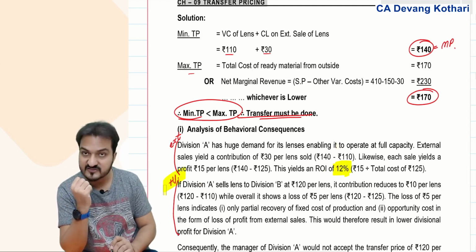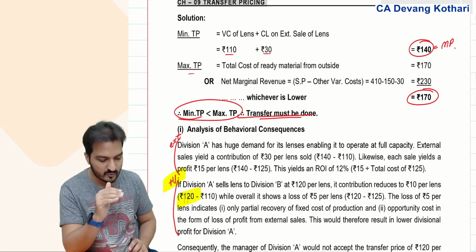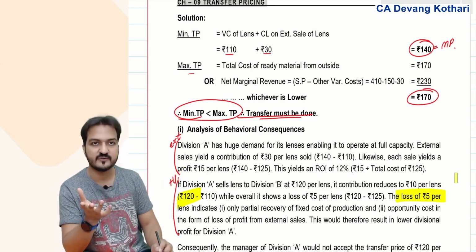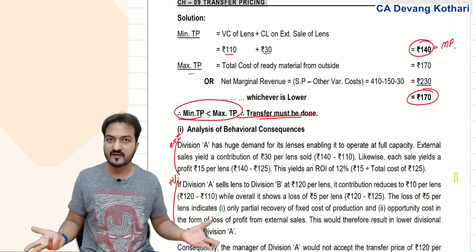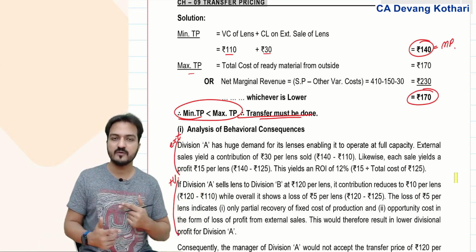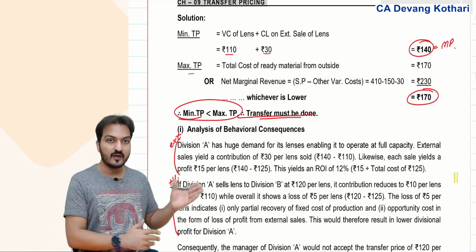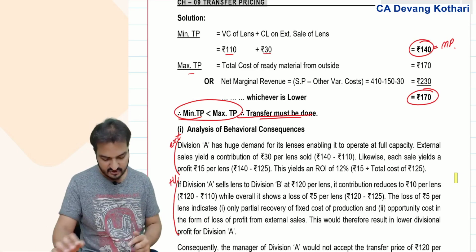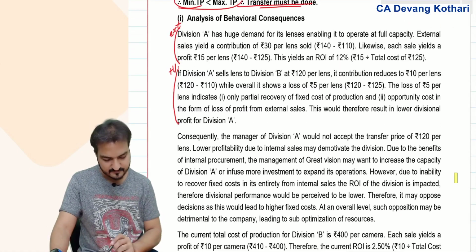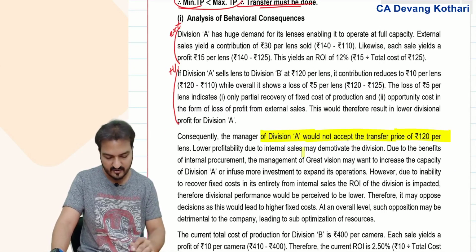But if he does the transfer at rupees 120, he is incurring a loss of 5 rupees, so return on investment is negative. Naturally, division A will not prefer to do the transfer because his performance will be severely affected. Because performance is measured based on ROI, at the price of 120 his ROI will decrease drastically. So this is my behavioral analysis. Consequently, the division A manager would not accept the transfer price of 120.